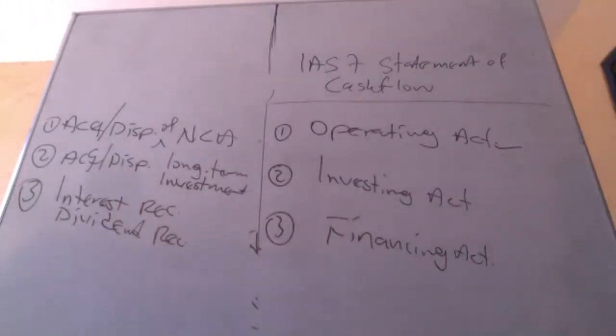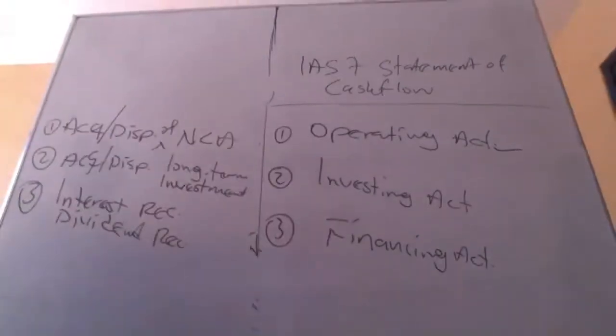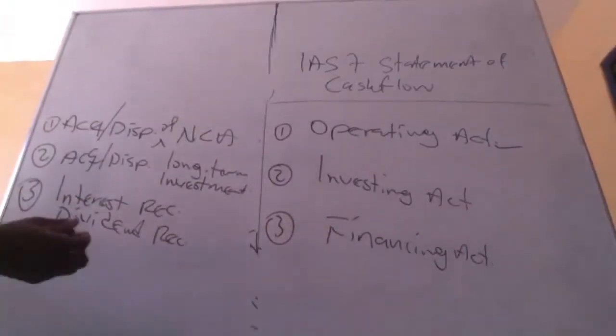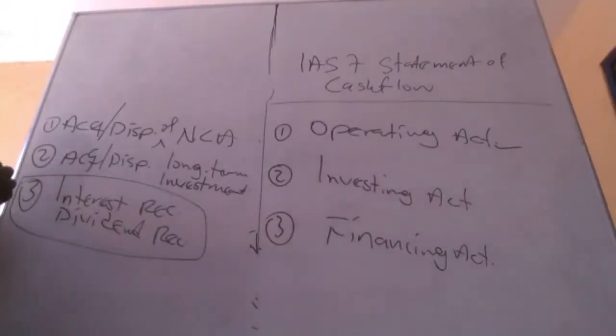Now with the interest paid, I will also explain it when I get there. So take note. These two, they may swing. They may be an operating activity, the interest received and the dividend received, all depending on the nature of your business.